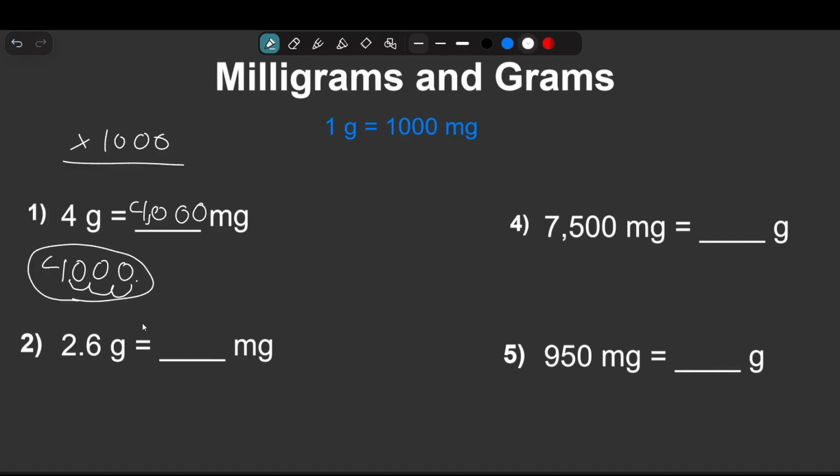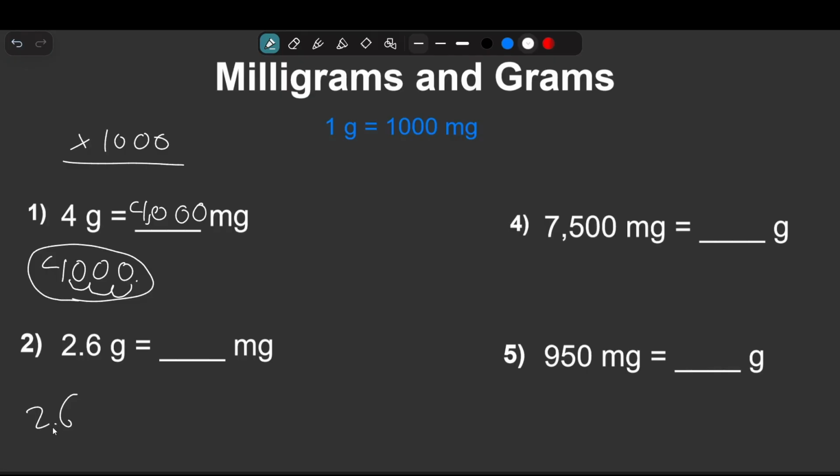So, for example 2, we have 2.6 grams equals how many milligrams? So again, we're going to multiply by 1000. So let's do it like this. 2.6 grams, and then we're going to multiply by 1000. As you guys can see here, we have the decimal over here.